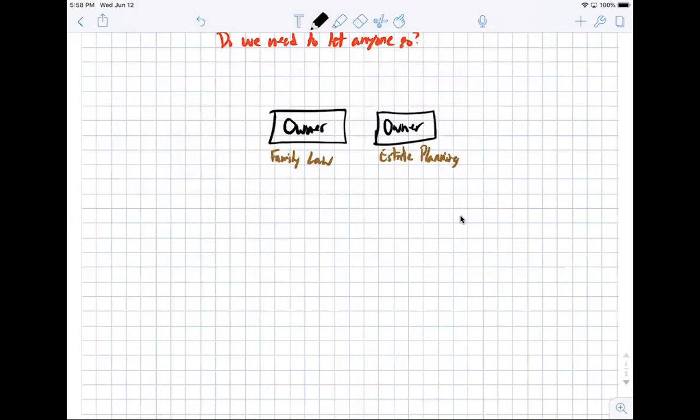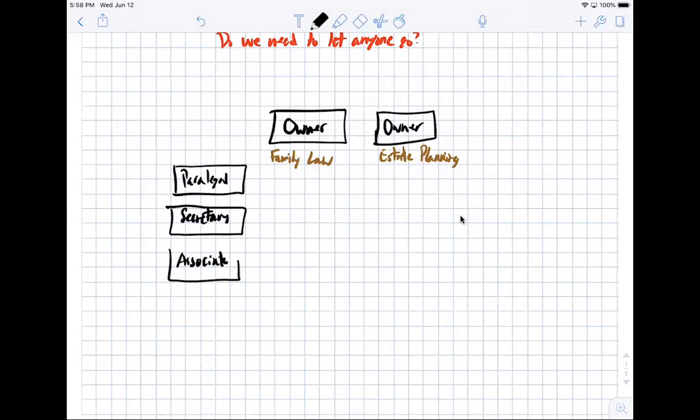So they may need paralegal, secretary, and secretary is a legal term, associate. And all of these positions report up to the owner. On the estate planning side of the house, you'll typically have an owner, and they will just have paralegals.